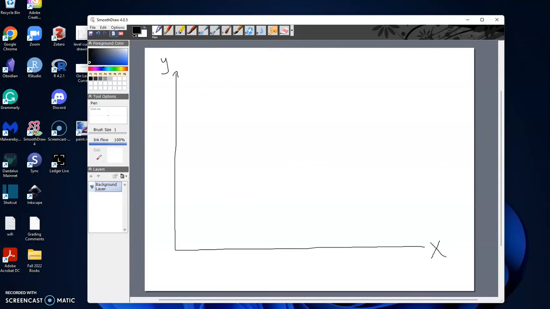For this consumer Bob, he has a particular budget constraint, and this is going to look something like this. Notice how it's downward sloping, so I'll get to that in a minute.